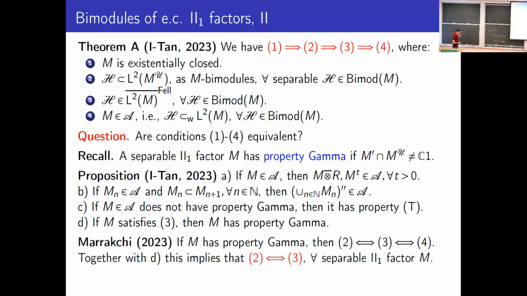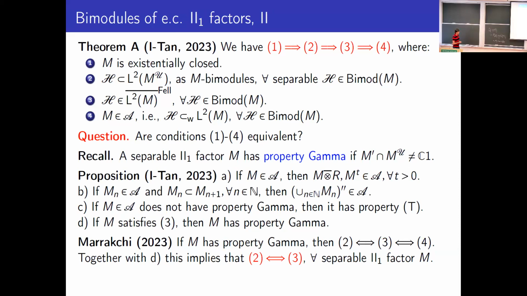And in fact, there is a very recent preprint posted by Amine Marrakchi last night or yesterday. So if M has property gamma, then conditions 2, 3, and 4 are equivalent. Conditions 2, 3, and 4 from this theorem are equivalent if you assume property gamma.